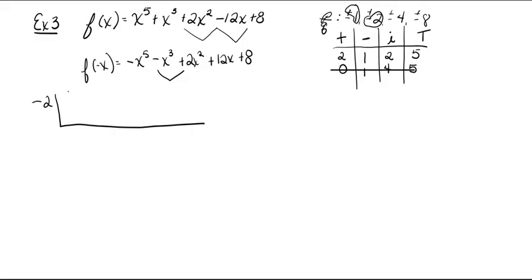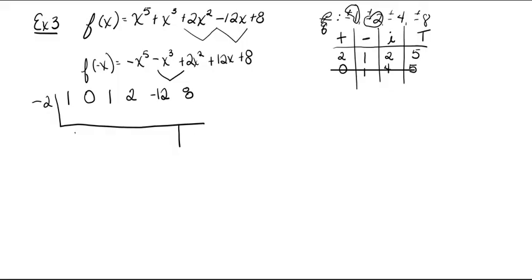My coefficients are 1. There's no x to the 4th, so I need to put a placeholder. There's a 1 for the x to the 3rd, a 2 for the x squared, a -12 for x, and an 8 for the constant. So let's say 5, 4, 3, 2, 1, 0. And I'm going to draw my line because this is where I'm looking to make sure that that's a 0, to see that -2 is actually a 0 of this function.